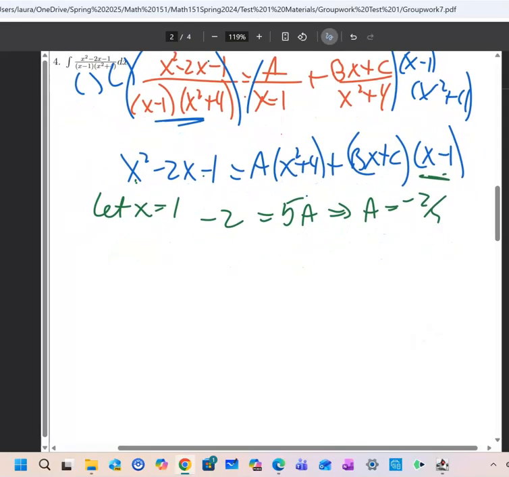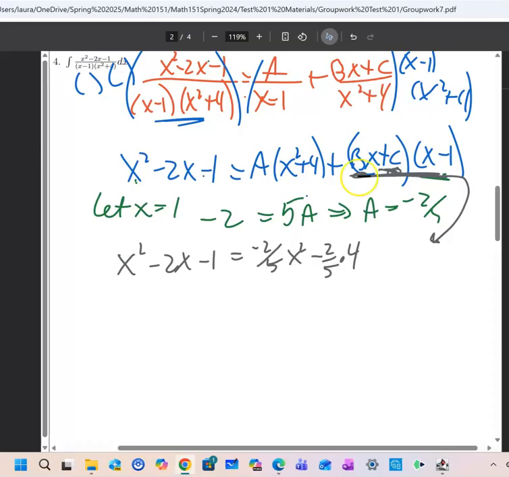So now I need to find a good way to find out what B and C are equal to. So again, I'm going to take the time to rewrite and put that in. So x² − 2x − 1 equals negative 2/5 x² minus 2/5 times 4. And this here multiplied out, because it's really important to make sure you see all of the terms.